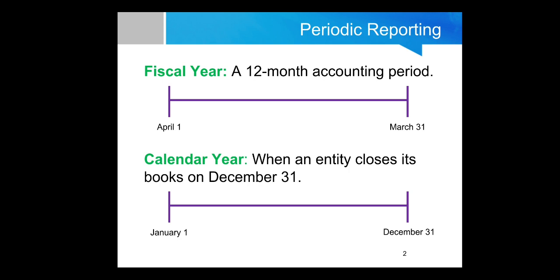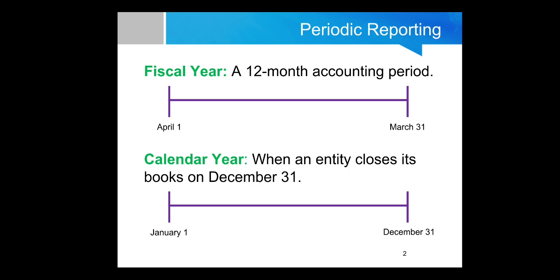The last step in the accounting cycle, step 8, is doing closing entries. So now you are in step 5 of the accounting cycle, which is doing the adjusting entries.